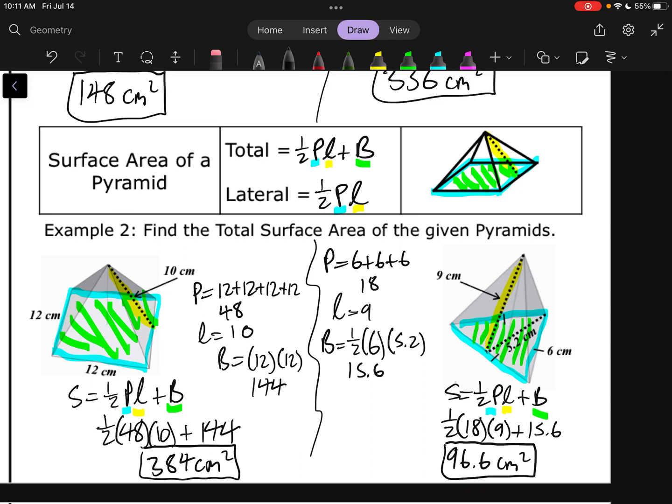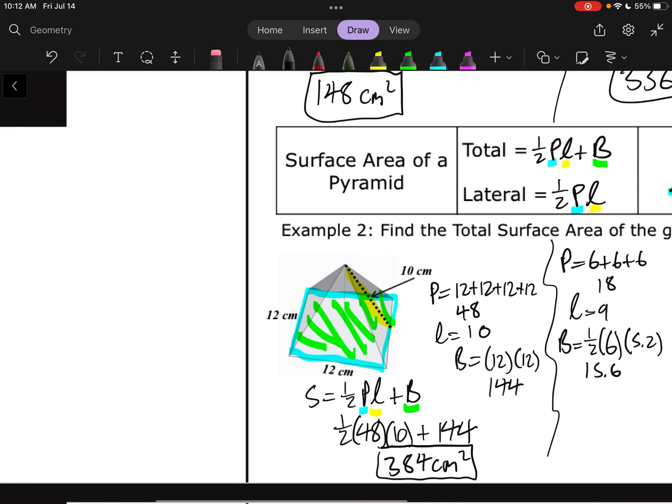Very cool. Now those formulas for the surface area of pyramids only work for regular pyramids. So the bases have to be equilateral, equiangular, so, you know, squares, equilateral triangles, that kind of stuff. If you have an irregular base, that formula is not going to work.